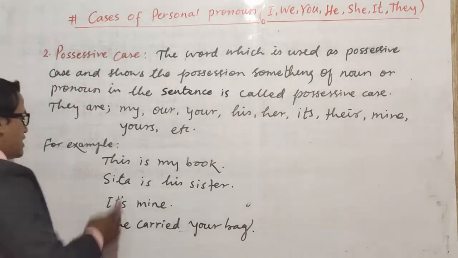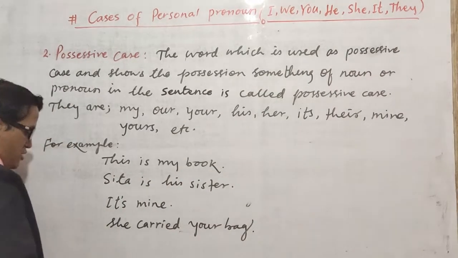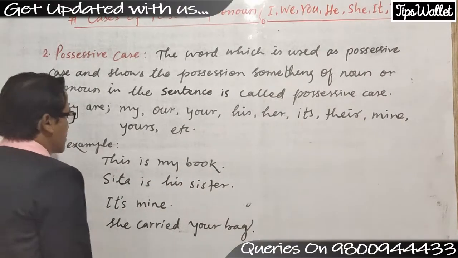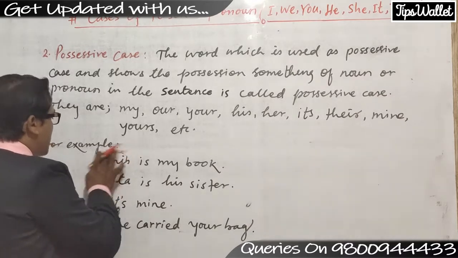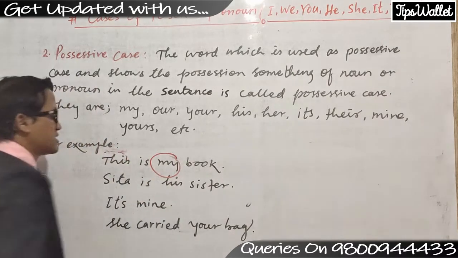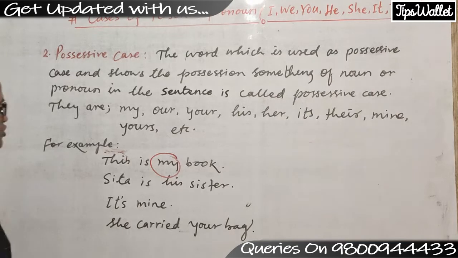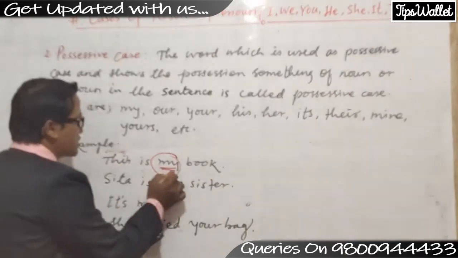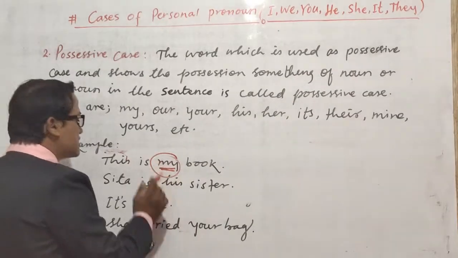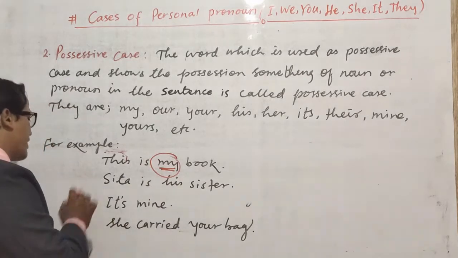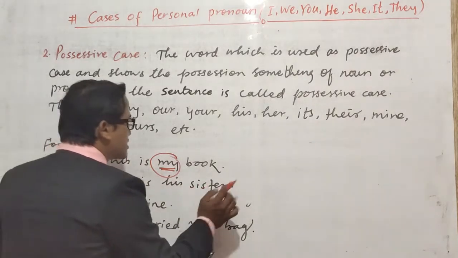For example here, this is my book. Here my is possessive case. It is functioning as possessive. Now next, Sita is his sister.